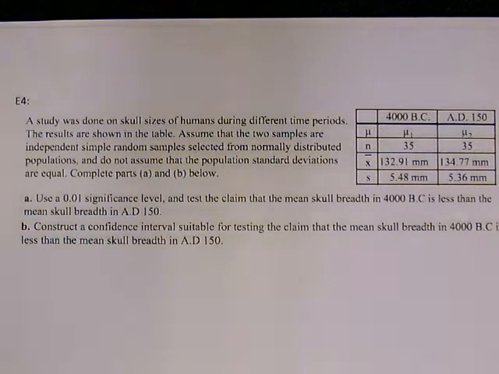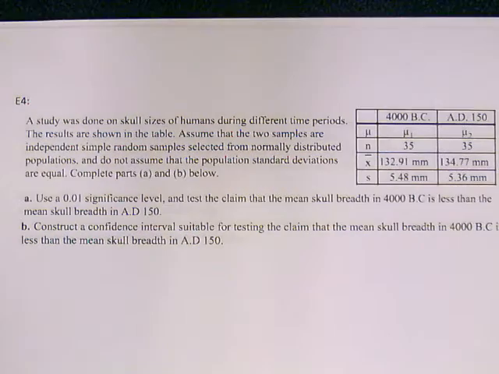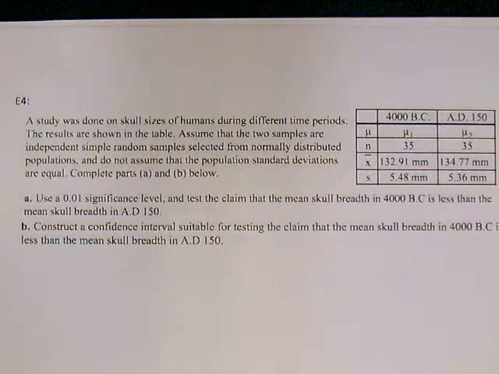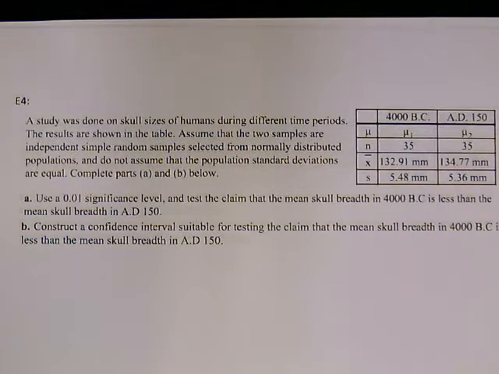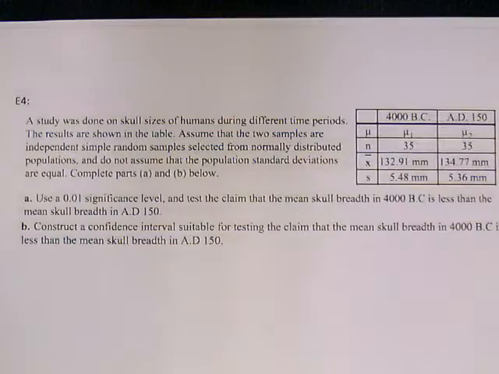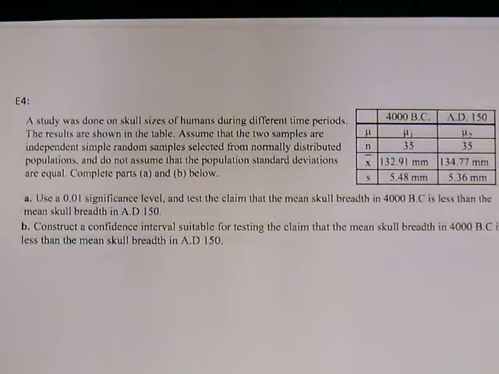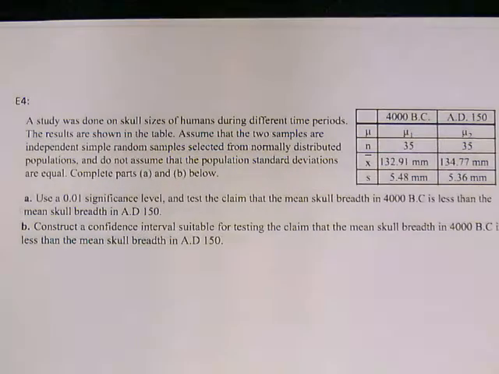In part A, you're to use a 0.01 significance level and test the claim that the mean skull breadth in 400 BC is less than the mean skull breadth in AD 150. And then part B, construct a confidence interval suitable for testing the claim that the mean skull breadth in 400 BC is less than the mean skull breadth in AD 150.